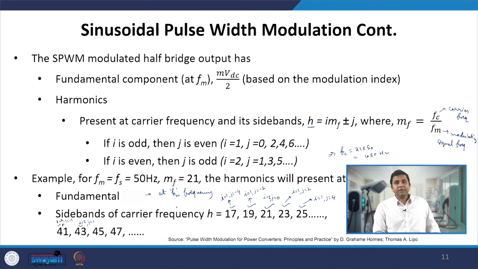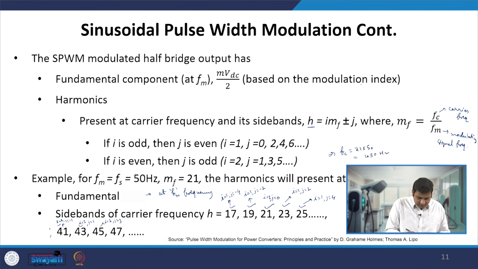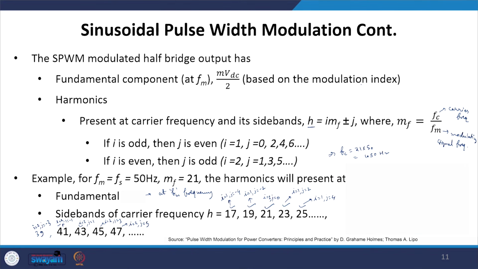Then we have I equal to 2 and J equal to 3, and we also have 39, which is I equal to 2, J equal to minus 3, and this is I equal to 2, J equal to 5. So accordingly we will get the sidebands of carrier frequency components along with the fundamental component, which is at the modulating signal frequency.